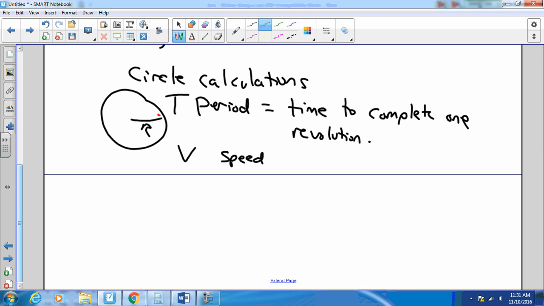If I go all the way around the circle once, then I have gone for a time period of T. And I have gone for a distance. Notice I did not say displacement, because my displacement is 0 when I go around the circle once. I've gone for a distance of the circumference of the circle, which is 2 pi r.